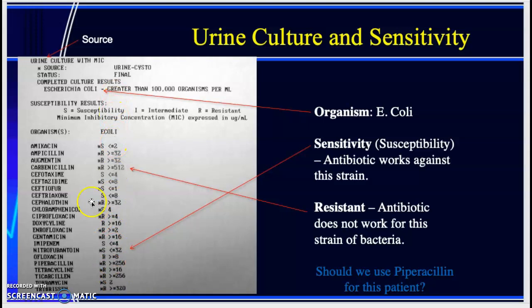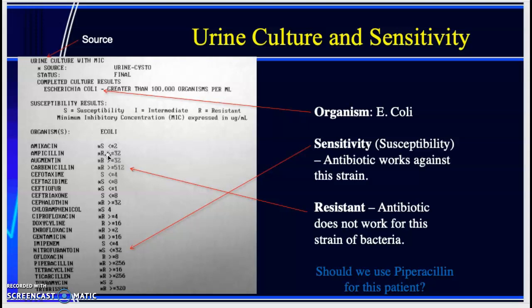And then down here, these are a whole bunch of different antibiotics that they check the sensitivity for. And you can see that here there are S's which have to do with sensitivity, which means that that antibiotic will kill that microbe.